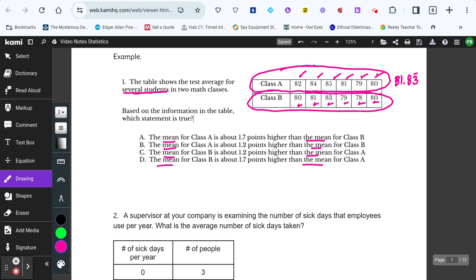All right, here we have 80 plus 81 plus 83 plus 79 plus 78 plus 80. When we add those up, we get 481, and we're going to divide it by 6.